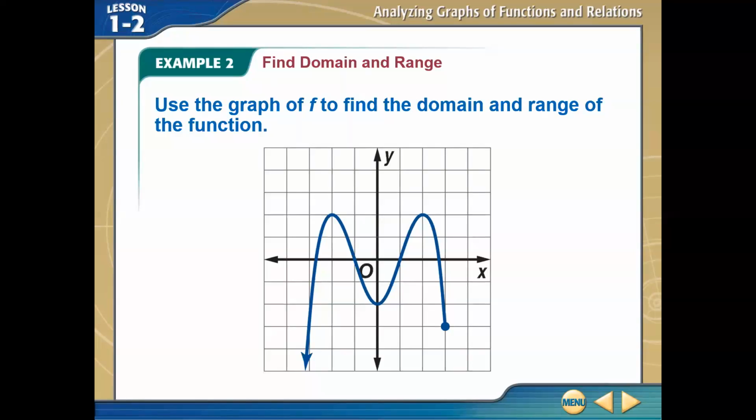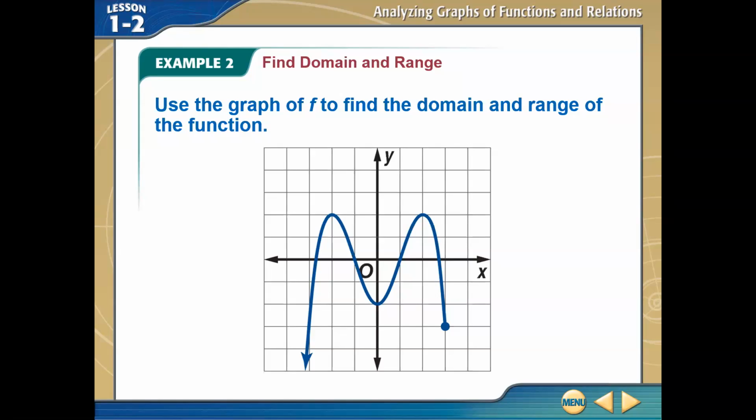Now if we're looking at our negative side, even though that graph looks like it drops straight down, just understand it still extends to the left. In order to get this graph to go farther and farther down, we have to move farther and farther left on our x-axis. Once again, it has an arrow. We have to assume that graph is continuous and it stays going.